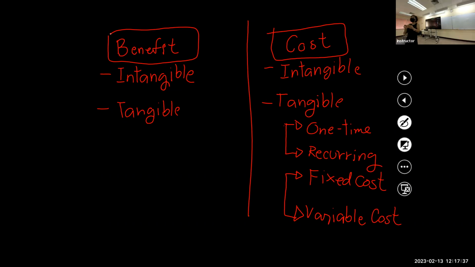Before you needed to hire 10 staff, now you hire only 8 if you have this new system. Or you can increase the revenue or the sales. Before we made 1,000 US dollars per month, now we can double the revenue to 2,000 US dollars per month. Then this is the recurring of the benefit as well. Okay, so I think these are the categories that we can use to categorize benefit and cost.